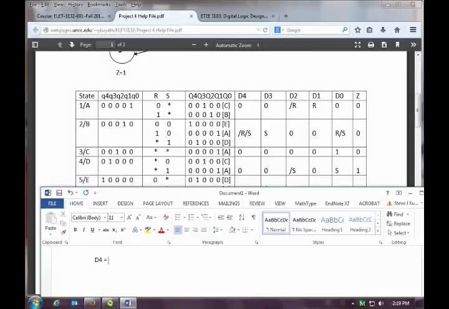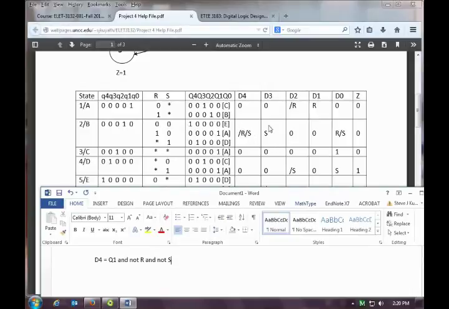The equation would be, you look only at this part and over here, and you've got a Q1 and not R, and this should be an and also. And then this one should be not S. So there's the equation in this case for R.